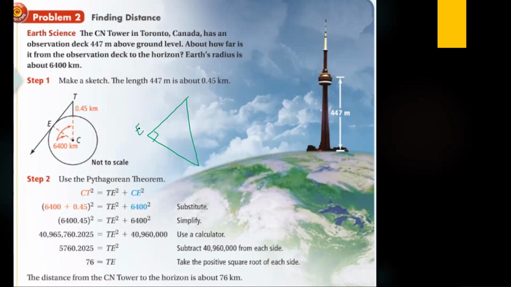This is E, this is C, and this is T. Since this is a right triangle, the measure of angle E is 90.